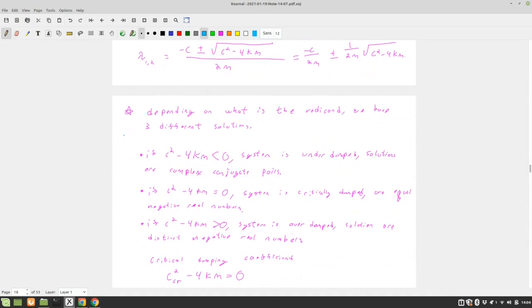So for an underdamped system, zeta is going to be greater than 0, but less than 1. That make sense? And then for a critically damped system, what's the zeta going to be? 1 value? Yeah. And then for an overdamped system, zeta is going to be greater than 1.